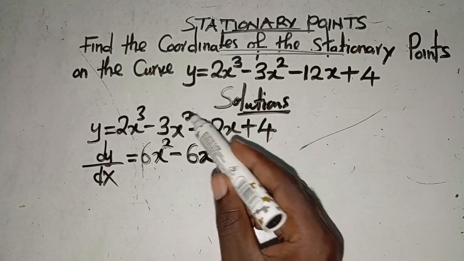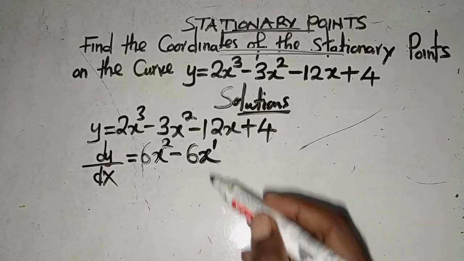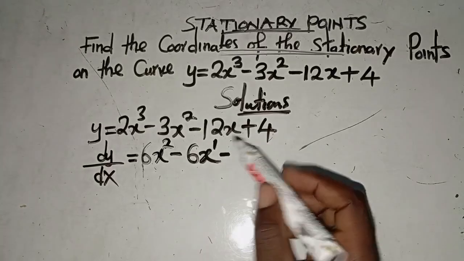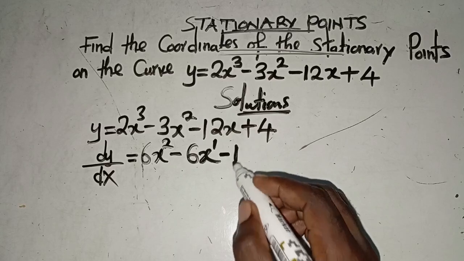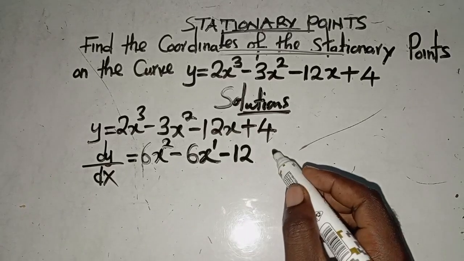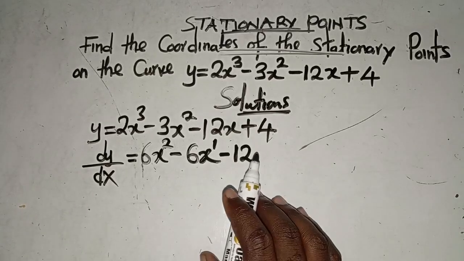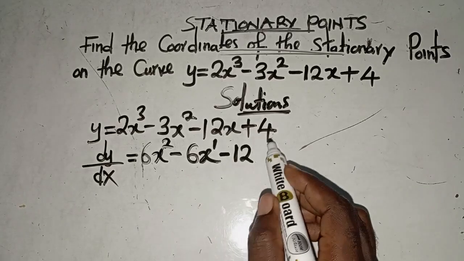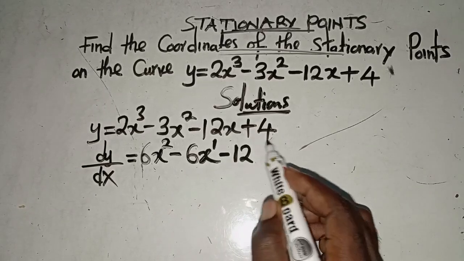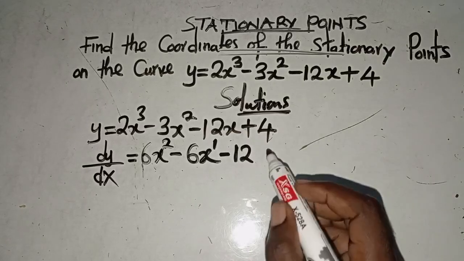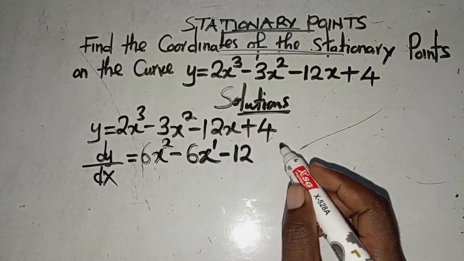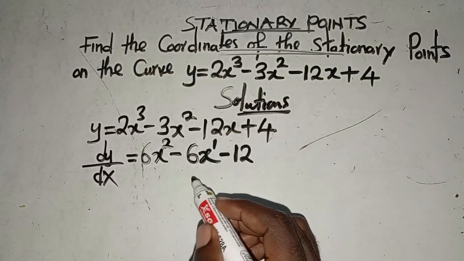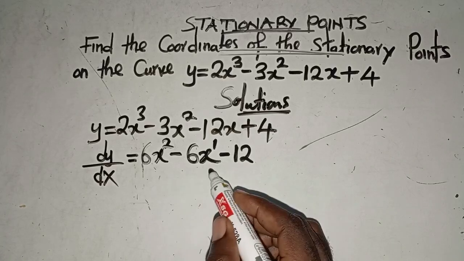Then for this 2 minus 1, you put a 1. Then minus the derivative of 12x, which is just 12. Under differentiation, we don't differentiate constant numbers. The derivative of a constant number is just 0. So even if I don't put plus 0 here, nothing will be affected. So this is the answer, isn't it?